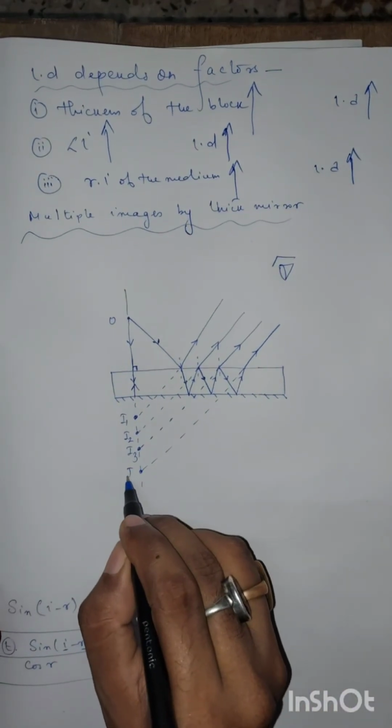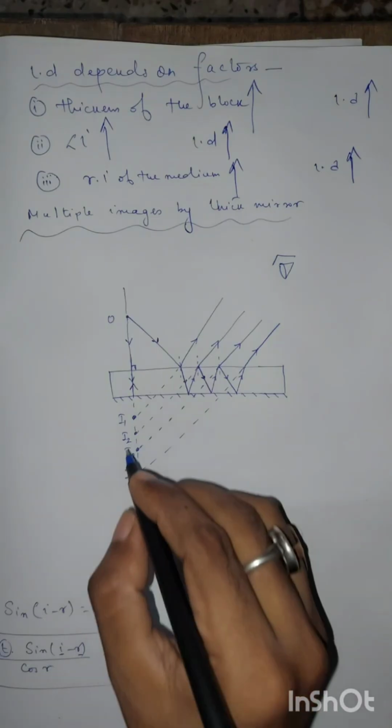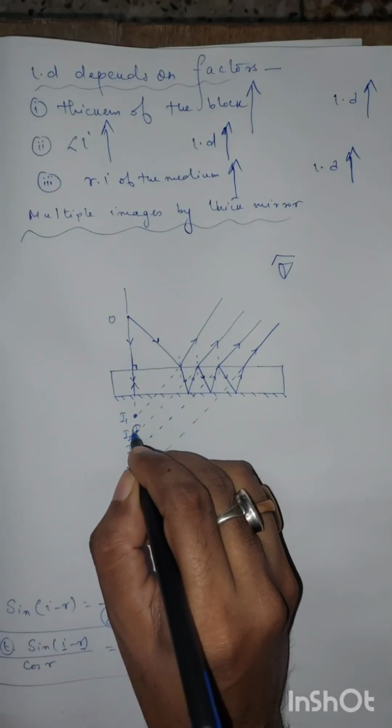This is the fourth image, I4, and so on. Out of these images, the second image will be the brightest.